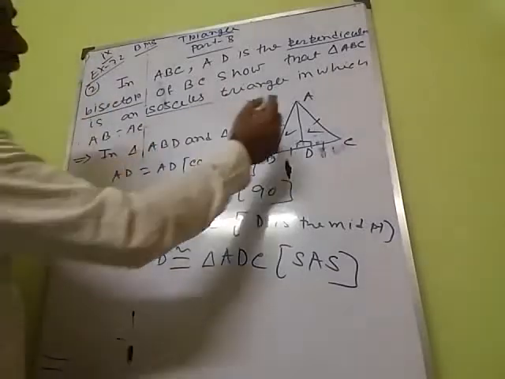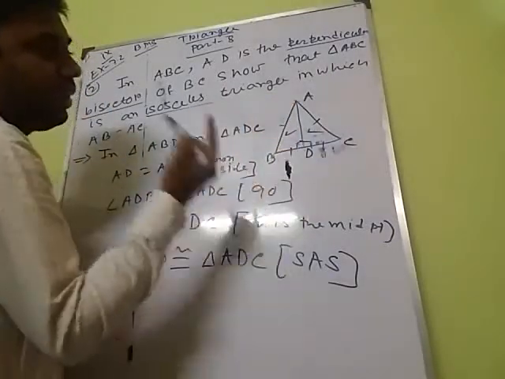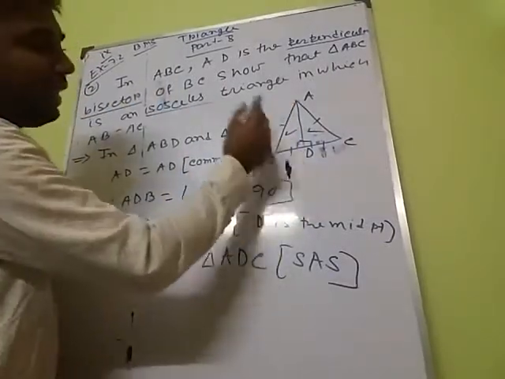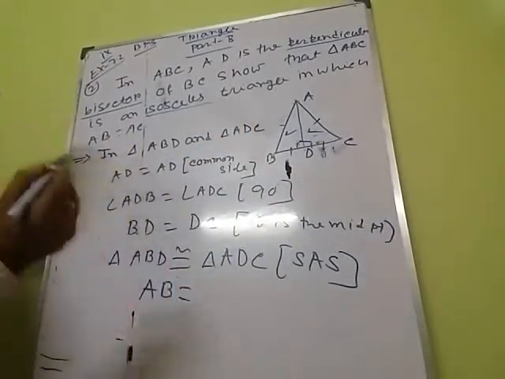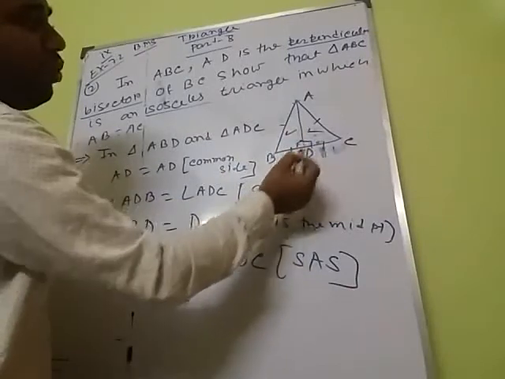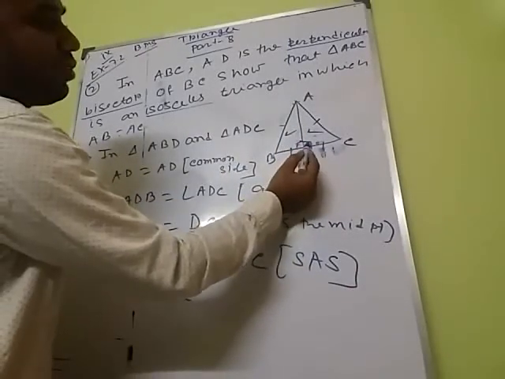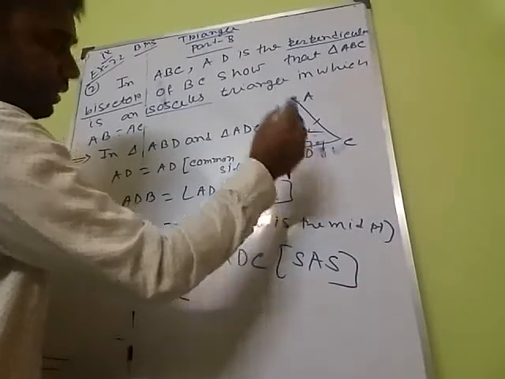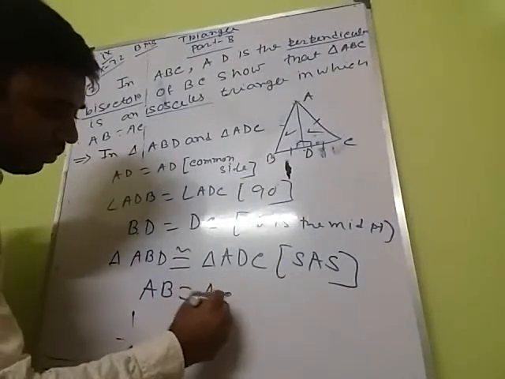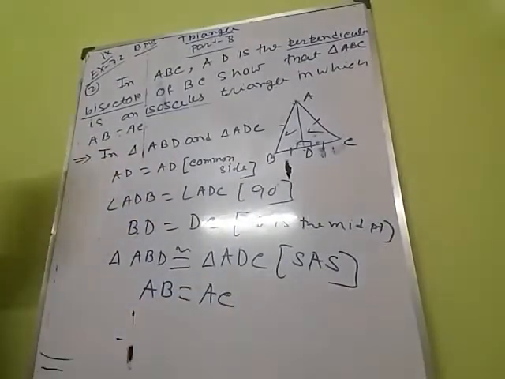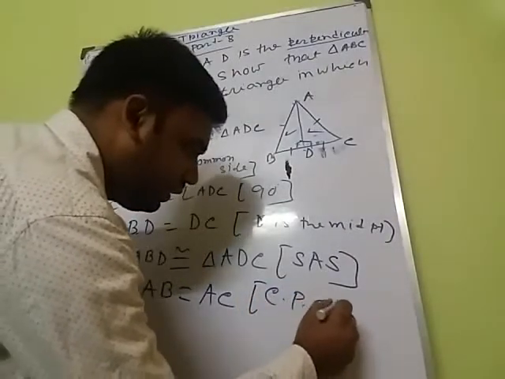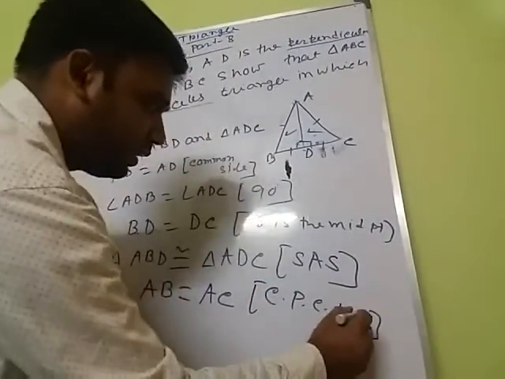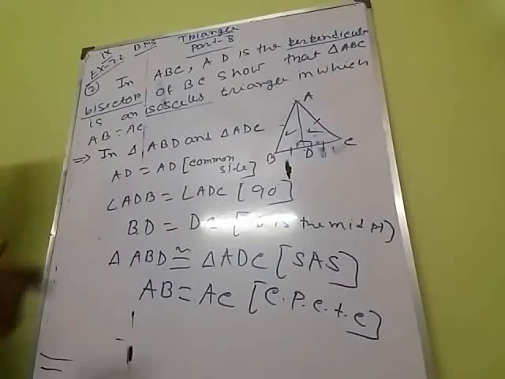In triangle ABD, the opposite side of angle D is AB. And in triangle ADC, the opposite side of this angle D is AC. So we get AB equal to AC by CPCTC.